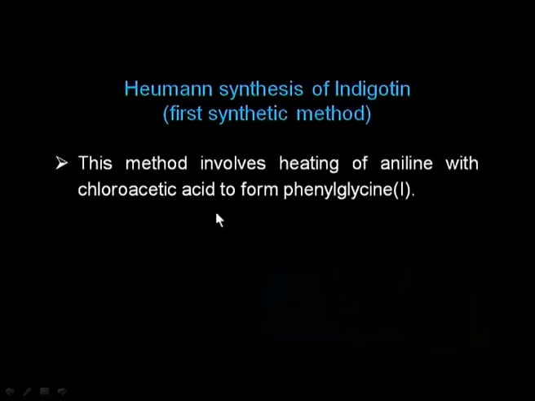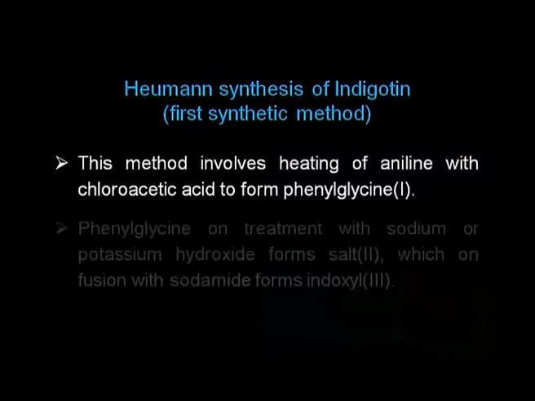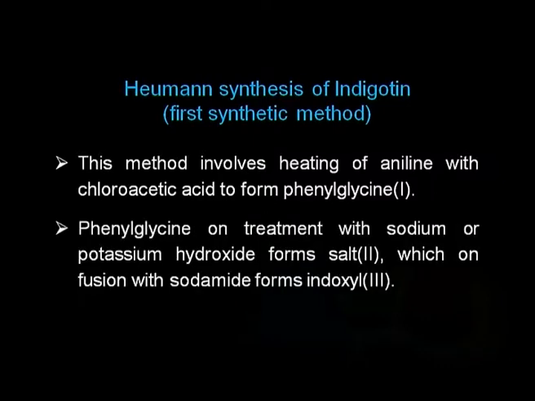We will now discuss the synthetic method for the preparation of indigotin, which is called Heumann synthesis of indigotin. This method involves heating of aniline with chloroacetic acid to form phenyl glycine. Phenyl glycine on treatment with sodium or potassium hydroxide forms the salt, which on fusion with sodamide forms indoxyl.